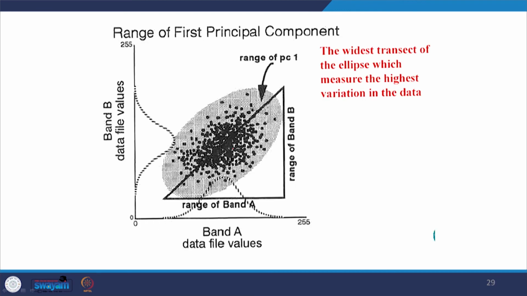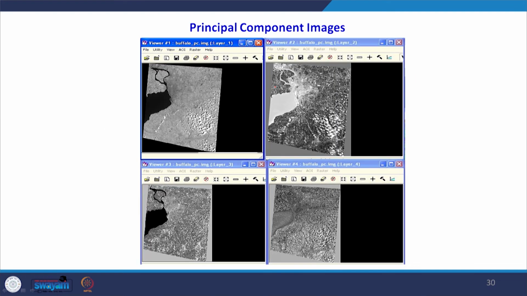This is the range of the data along the new axis. Now I can get the minimum and maximum range and fit an ellipsoid within this data set also.